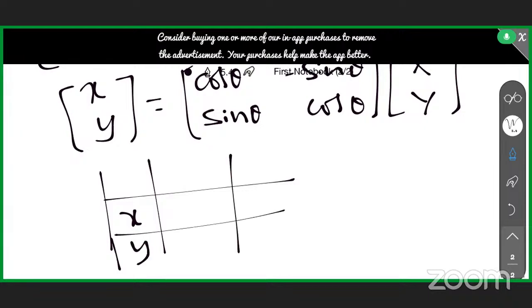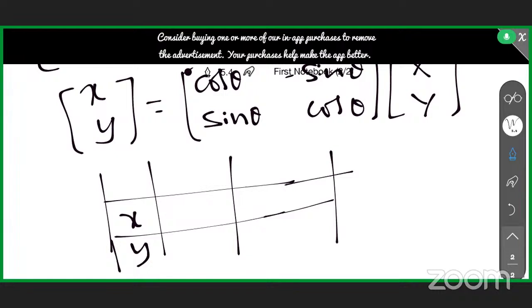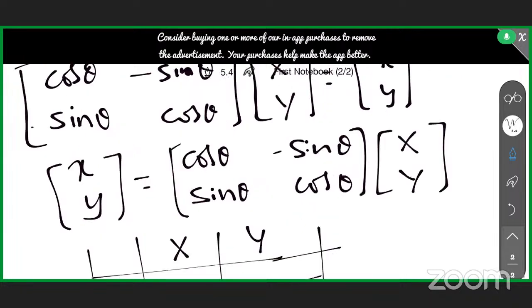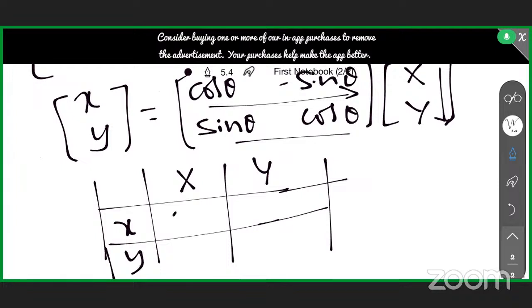This is the matrix of this one. So instead of taking this x comma y, I'll take it on top. So for x, I want to multiply. This is like matrix multiplication: first row with first column. X into cos theta plus minus sin theta into y.